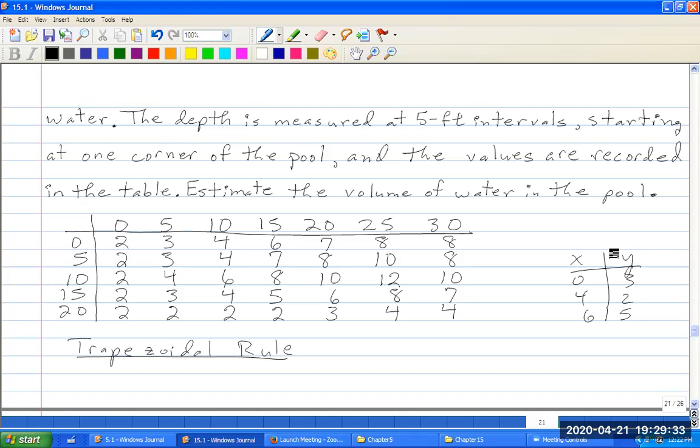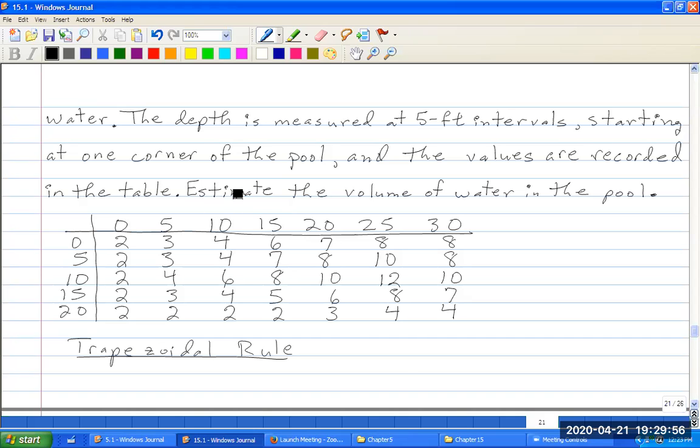And so the only way to find the area under that function would be to do an approximation, and you could figure out which approximation you wanted to use. Obviously, Simpson's would be a better approximation, and they also say estimate.